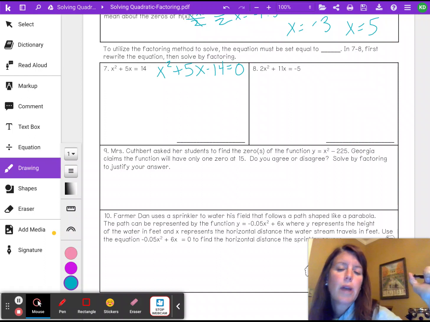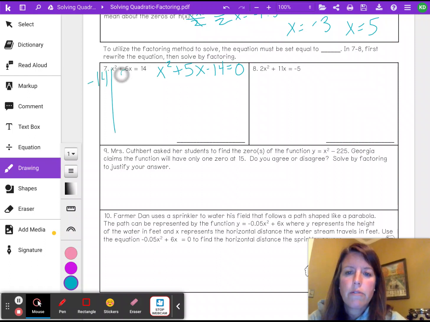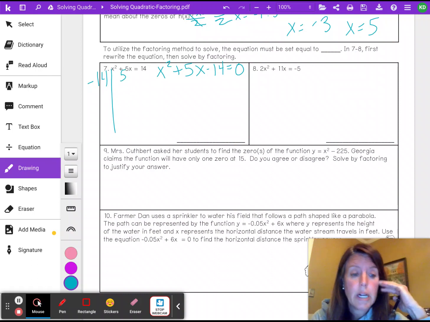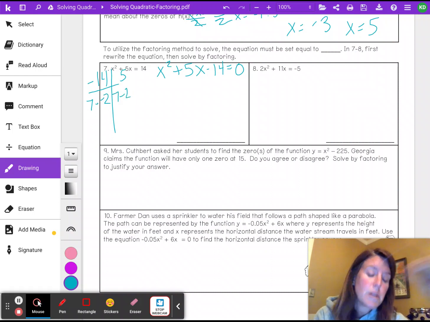We'll be done. Okay, so for this one, same thing, product and sum. So a product of negative 14 and a sum of 5. I know right off the bat, just looking at that, 7 and 2, because 7 minus 2 is 5, and 7 times negative 2 is negative 14.